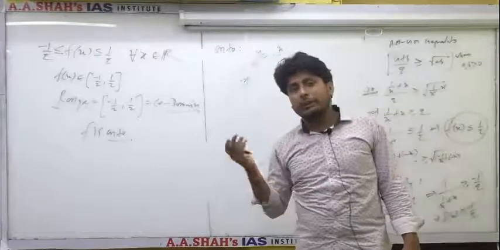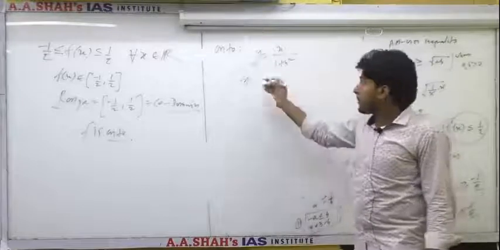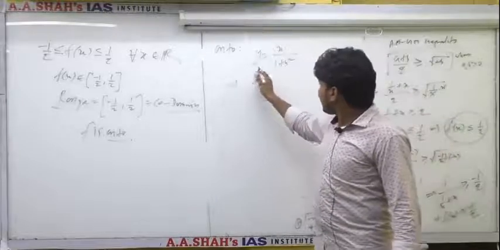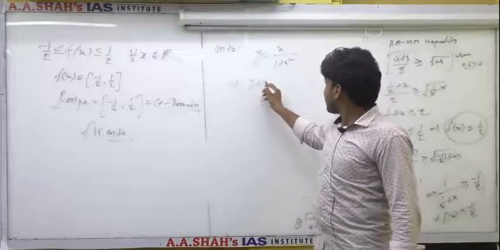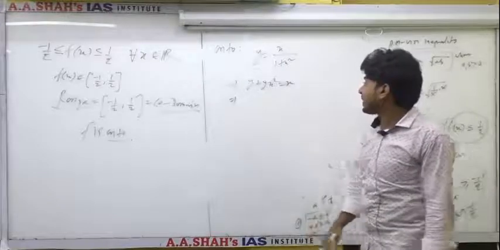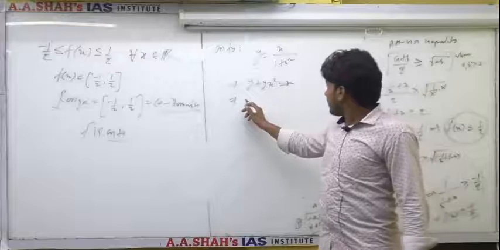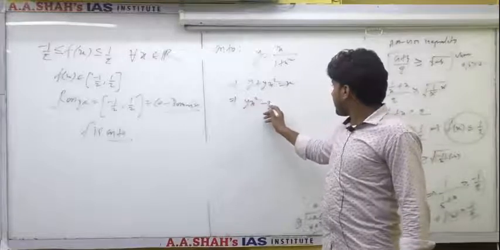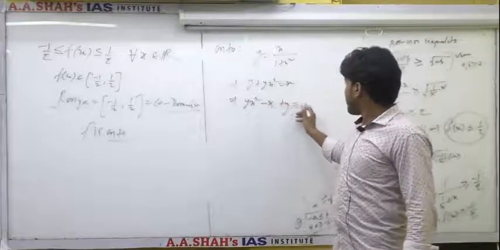Now we will try to find the value of x in terms of y. So cross multiply: y plus yx square is equal to x. We need to find x. So yx square minus x plus y is equal to 0.